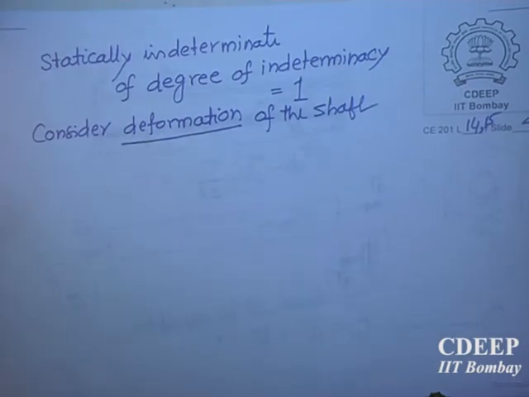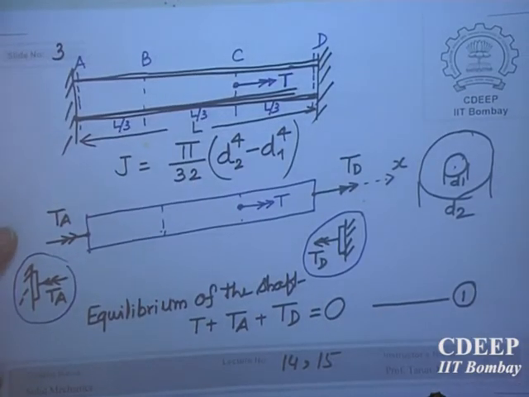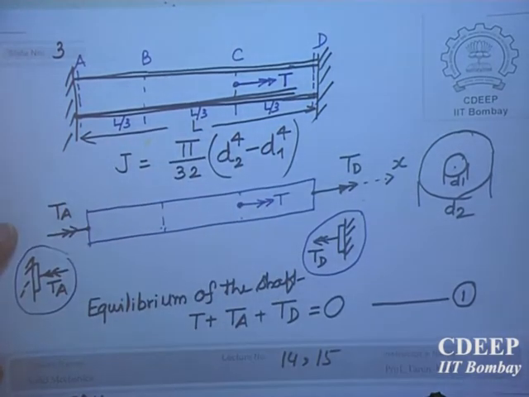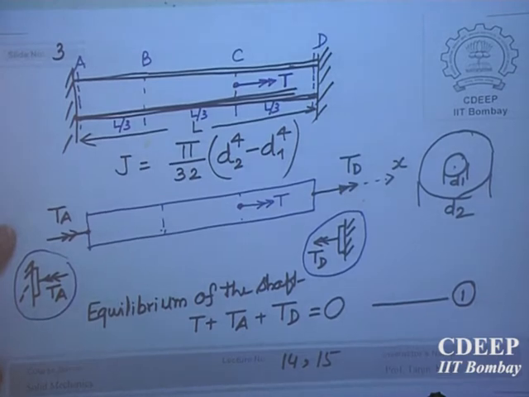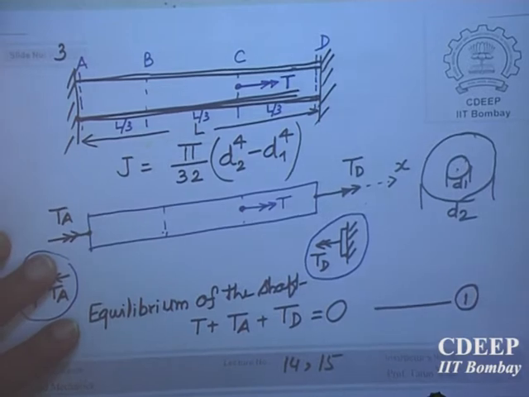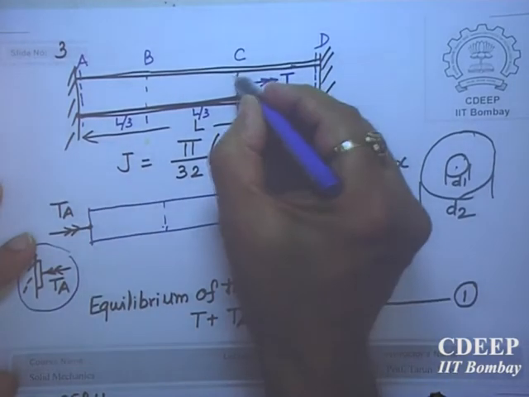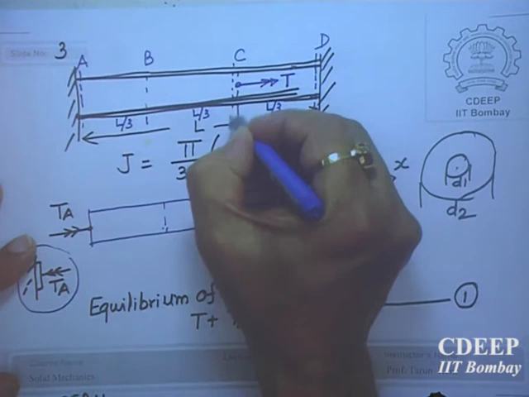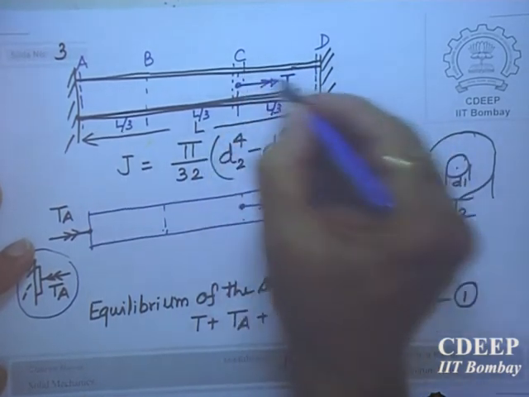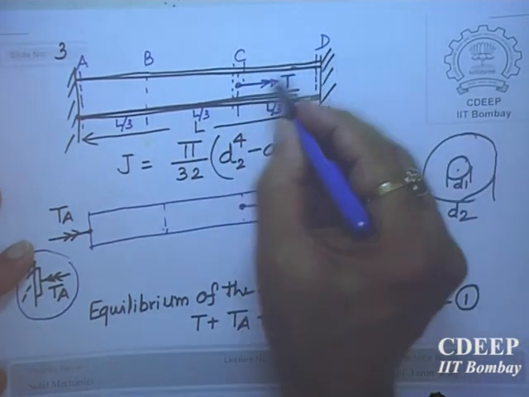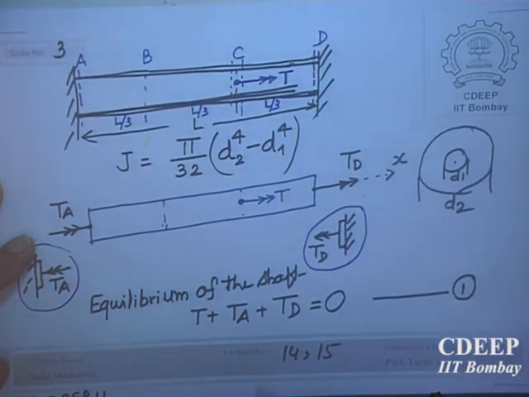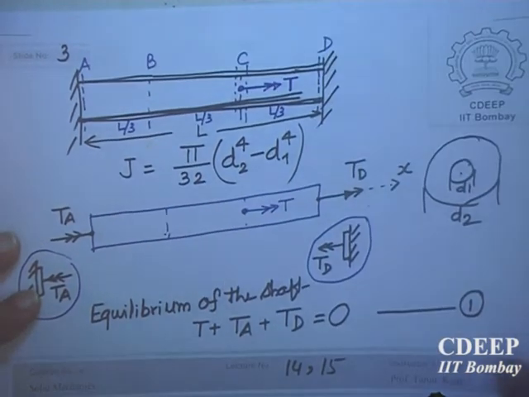draw the free body diagram of AC. Please draw the free body diagram of AC. That means cut it to the left of point C, and again I want to cut it because I also want the free body diagram of CD, so I will cut it to the right of C. So these are already there.